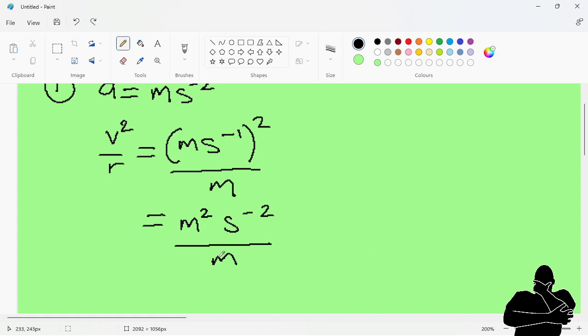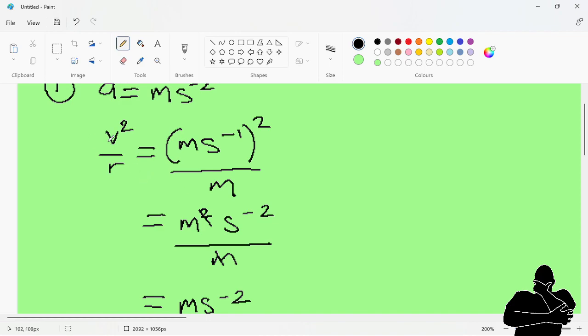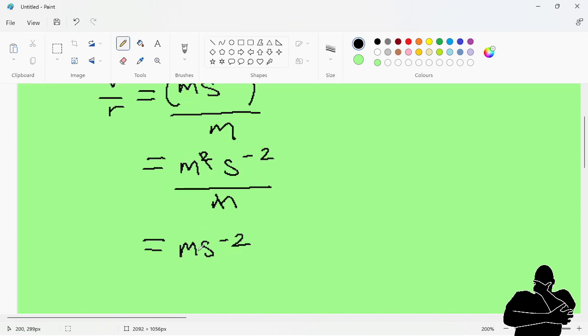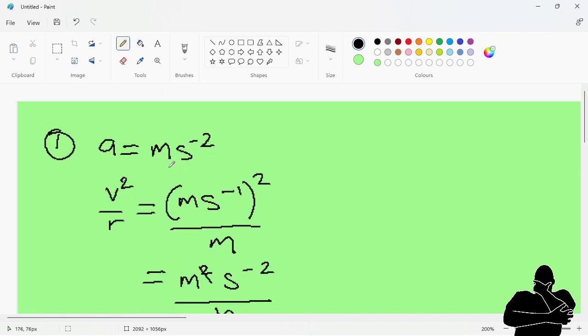And then we are going to get meter per second squared. So we see that v squared over r, when we work out the units, gives us meters per second squared, and the unit for acceleration is meters per second squared.